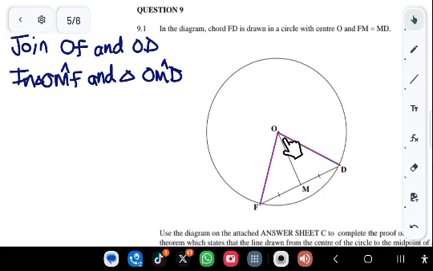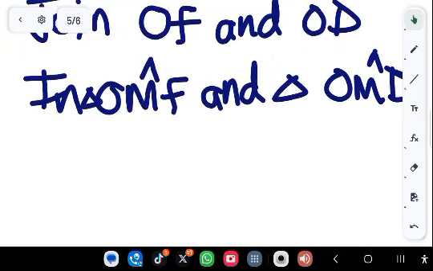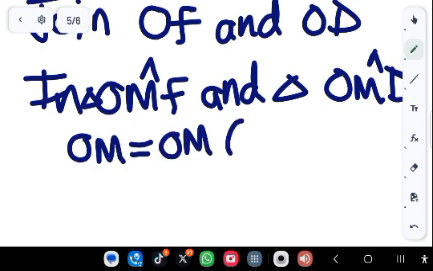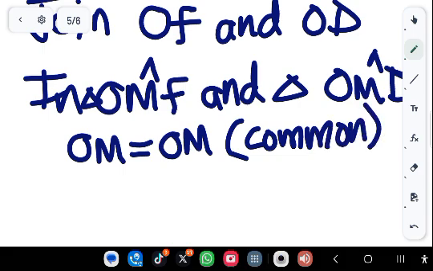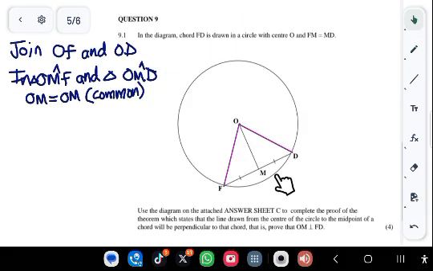Now OM equals OM. That is the common side. Angle MF is equal to angle MD, given.